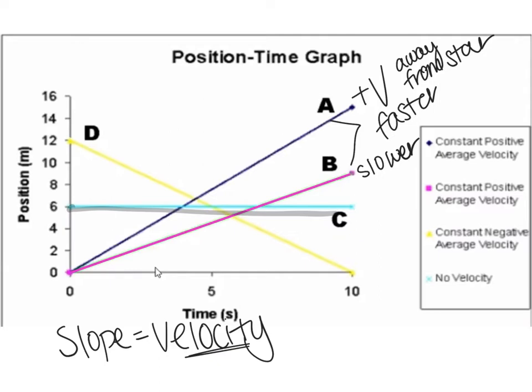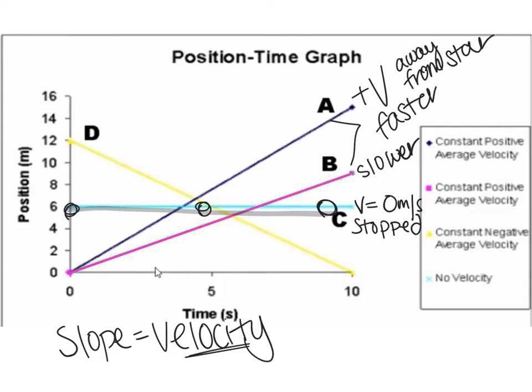Slope of a horizontal line is 0. So if my velocity is 0, remember there's different ways my velocity could be 0. I could have come back to start, or I could just not change my position. In this one, I started at 6, I'm still at 6, and I'm at the end still at 6. So when I have a horizontal line, I'm stopped.